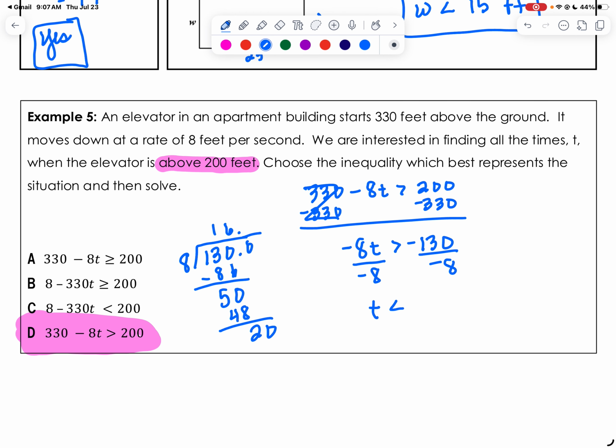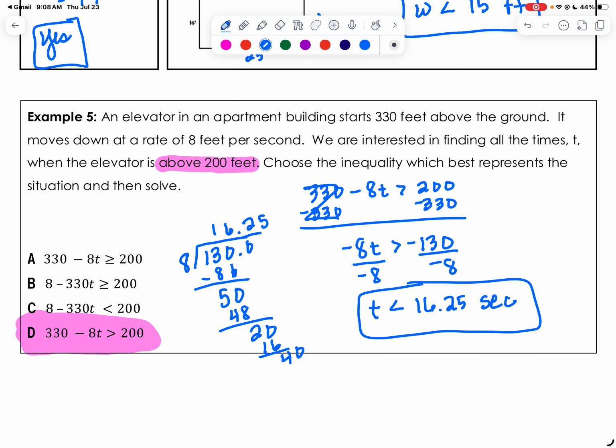Add another 0. Bring down the 0. 8 goes into 20 2 times. 2 times 8 is 16. Subtract, bring down. 8 goes into 40 5 times. So the time must be less than 16.25 seconds. And that concludes today's lesson, solving word problems involving inequalities.